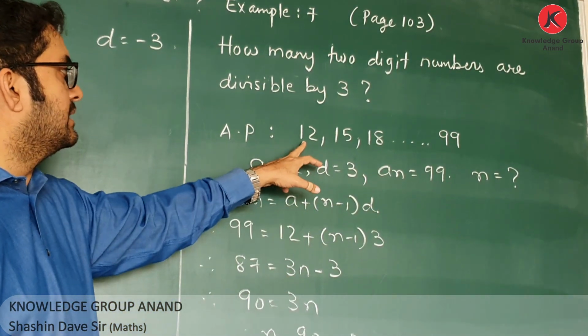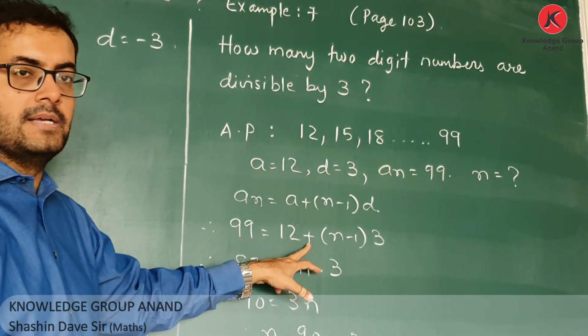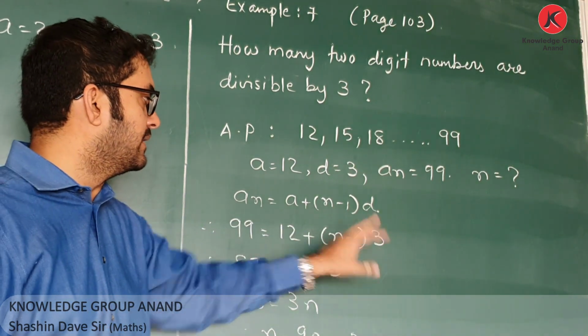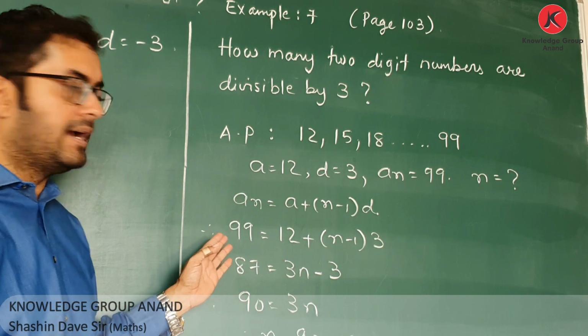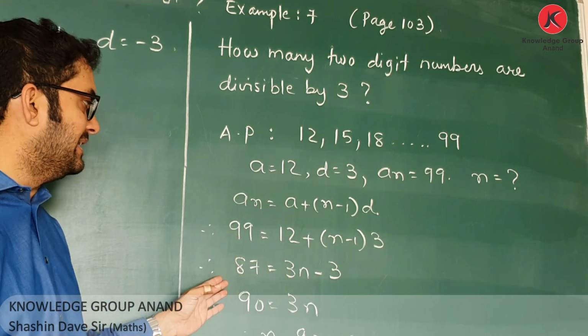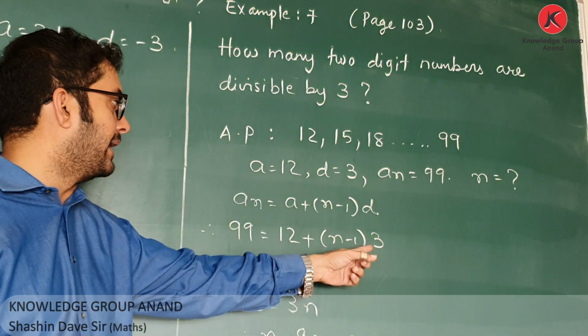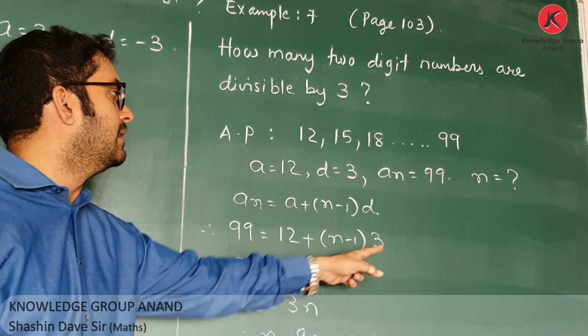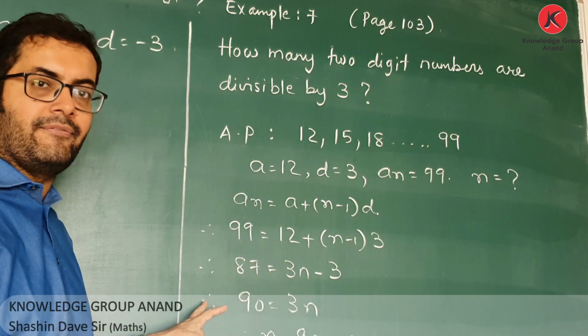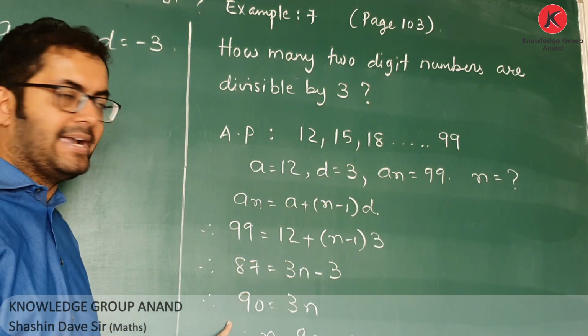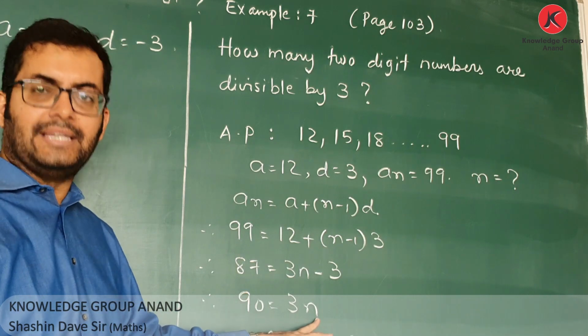The value of a, that is the first term, is 12, plus n minus 1 into common difference, which is 3. So when I take 12 on the left hand side and subtract it from 99, I get 87 is equal to, opening the bracket, 3 into n, that is 3n, minus 3 ones are 3. Now when I take minus 3 on the left hand side, 87 plus 3, 90, is equal to 3n.